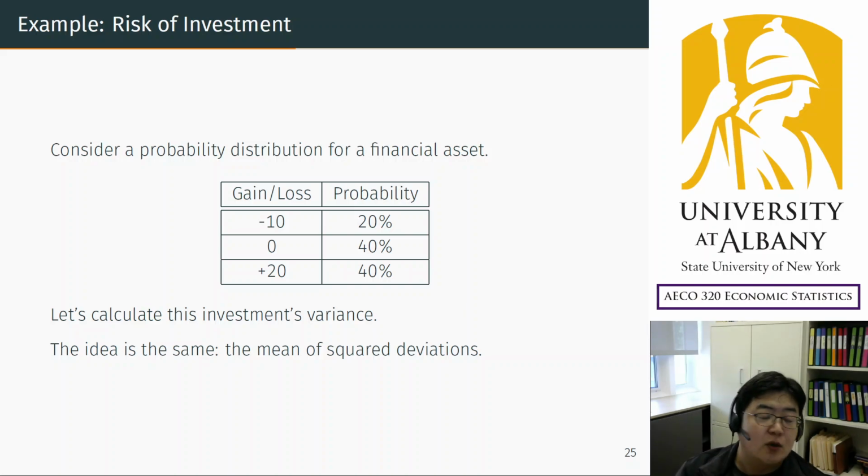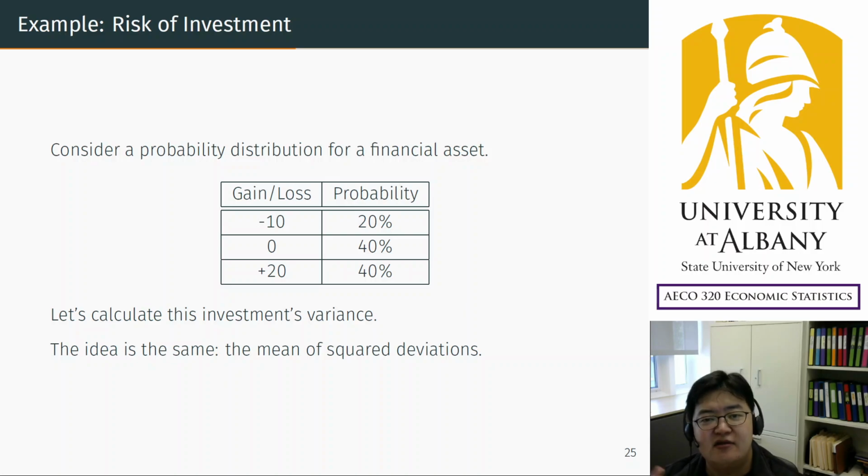Hello. So from the previous chapter, when I showed you how to calculate the mean or the median, I told you that there are two different formats of information given. One is raw data, just a bunch of numbers, and the other is a probability distribution table or a frequency distribution table.